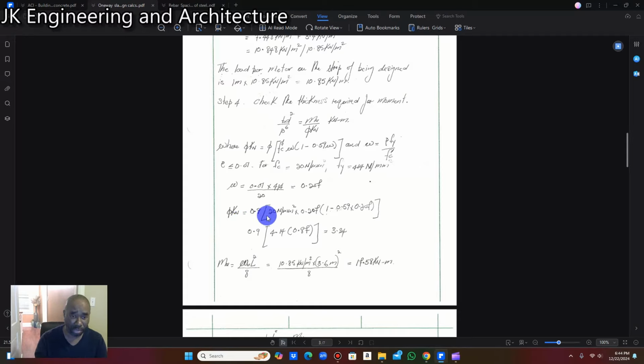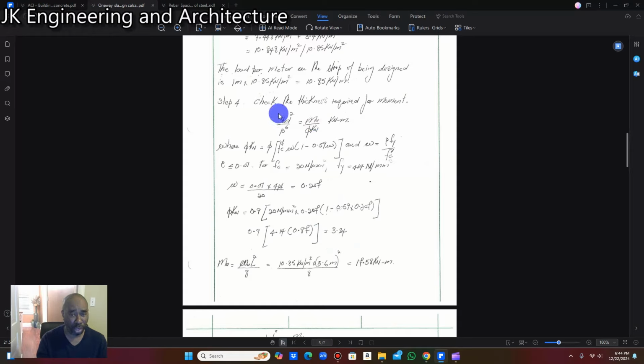So it's going to be 0.9 open bracket 20 newtons per millimeter squared times W, which we just calculated as 0.207, open bracket again 1 minus 0.59 times W, which is 0.207. When we work out all of this in the formula, the result is 3.24.